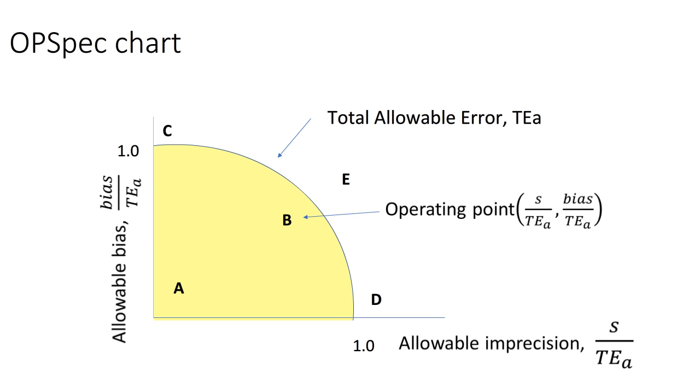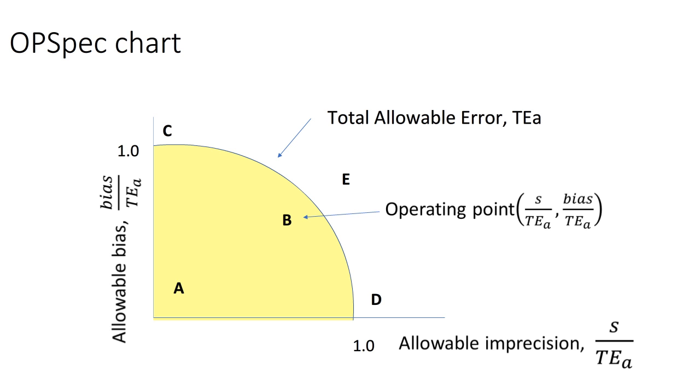And on the vertical axis, it's the bias relative to the total error allowable. The plane shows all combinations of bias and imprecision that a process could possibly have. You might call this the operating plane. And you can plot your current state on this graph if you know your imprecision, bias, and total allowable error. And we call that the operating point.